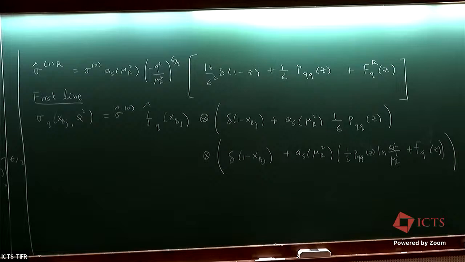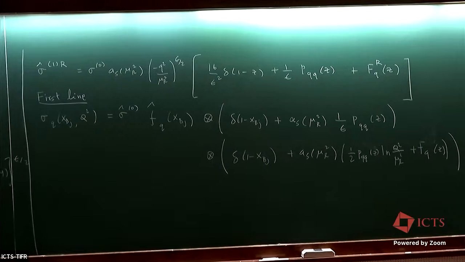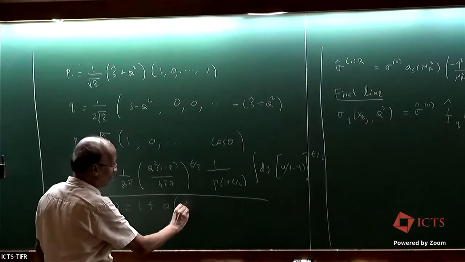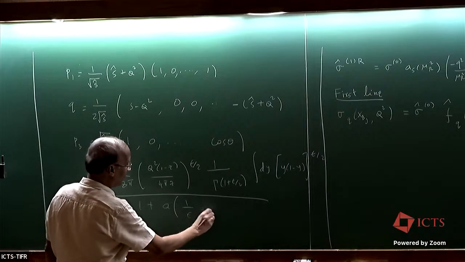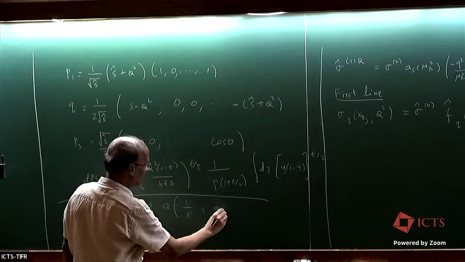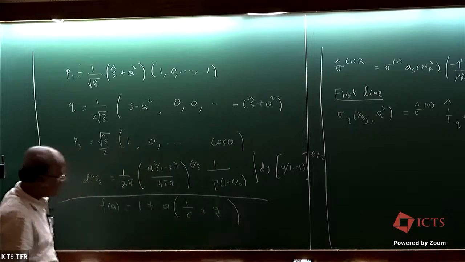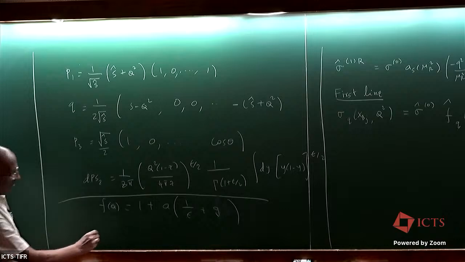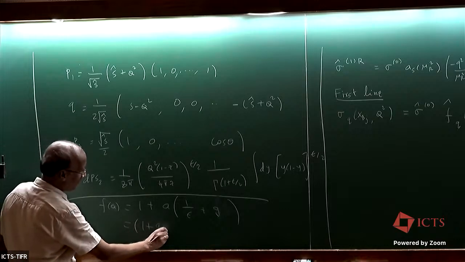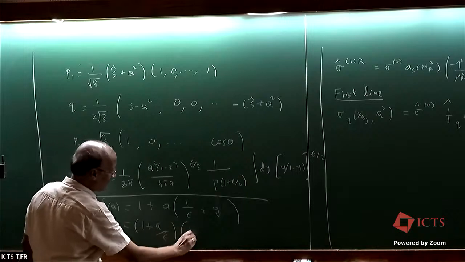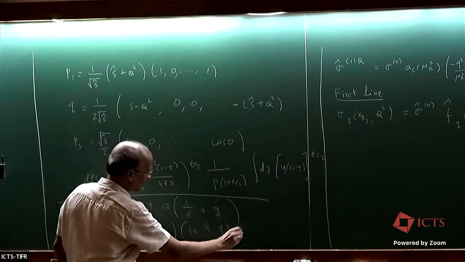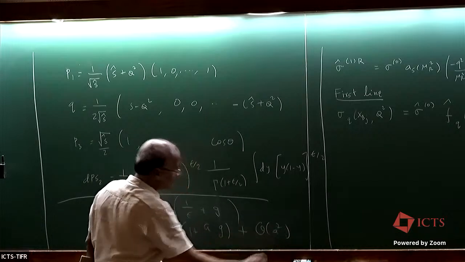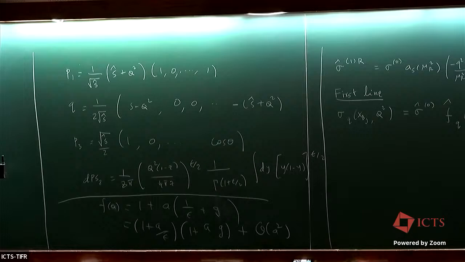Okay, so suppose I have a term, say f of a is equal to 1 plus a times (1 by epsilon plus g), where a is some simple parameter. I can always write this as 1 plus a by epsilon, times 1 plus a g, dropping the a squared term.